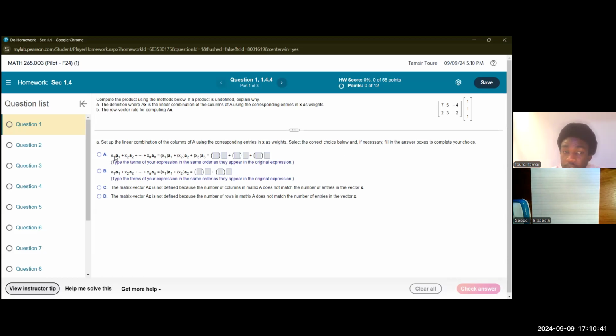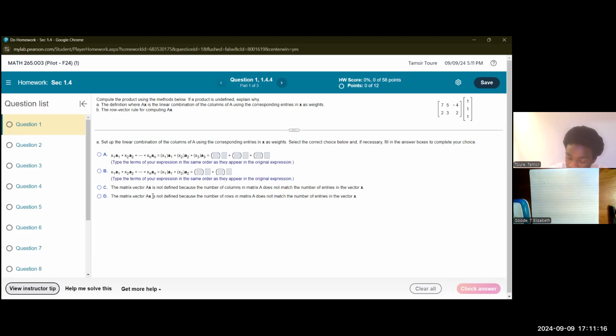So it would be, right, like X1 times A1. Wait, but shouldn't A have more indices? Well, they've given you a choice between, so I would always work these with pencil and paper. Like I would write down 7, 5. Oh, sorry, let me get a darker pen, not a green pen.